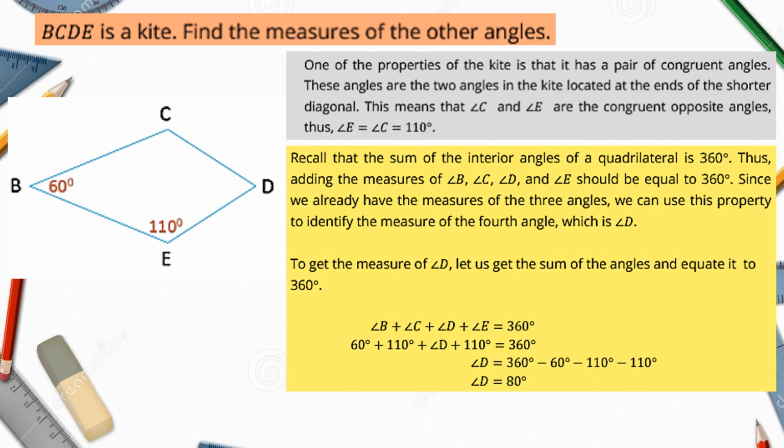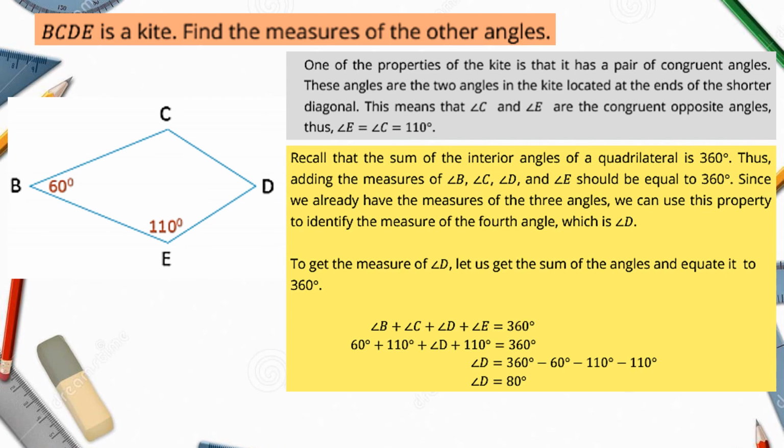Kasi, ang measurement ng bawat quadrilateral, ng measurement ng kanilang angles kapag pinagsama-sama ninyo, palaging 360 degrees. So, angle B plus angle C plus angle D plus angle E is equal to 360 degrees.